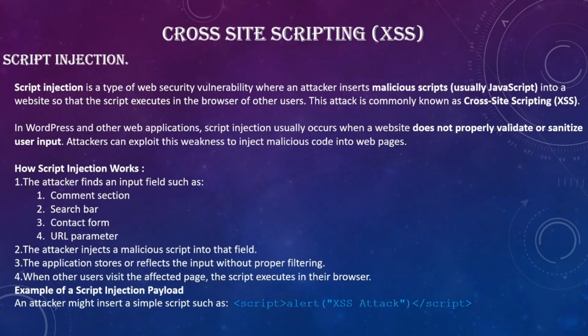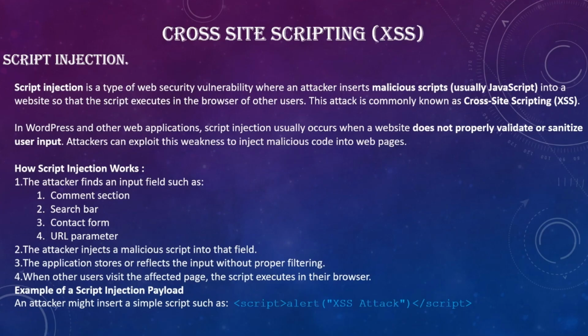In WordPress and other web applications, script injection usually occurs when the website does not properly validate or sanitize user inputs. How does script injection work? An attacker finds an input field like comment sections, search bars, contact forms, URL parameters, and much more. The attacker injects a malicious script into that field.